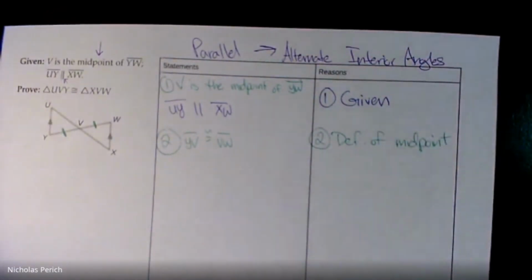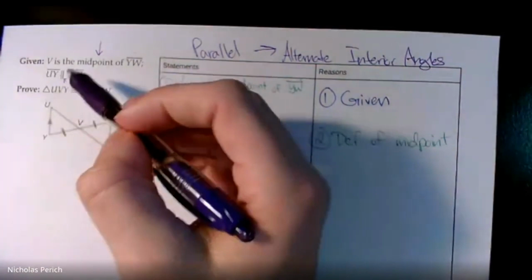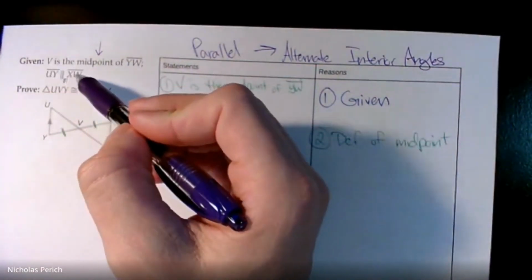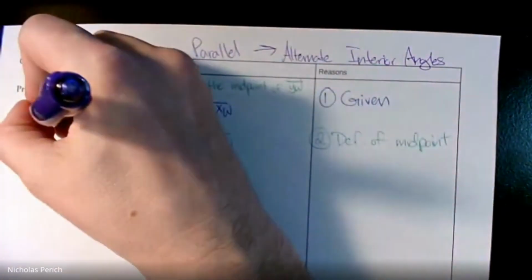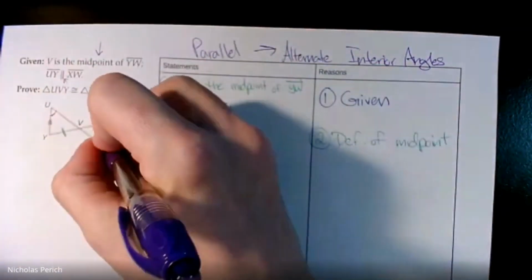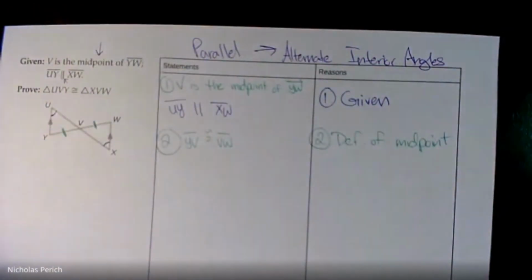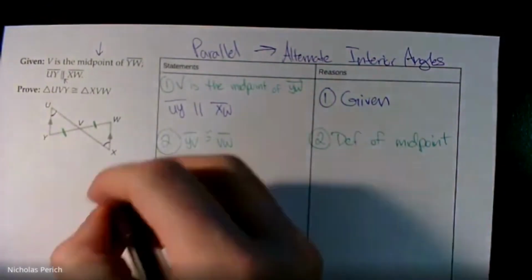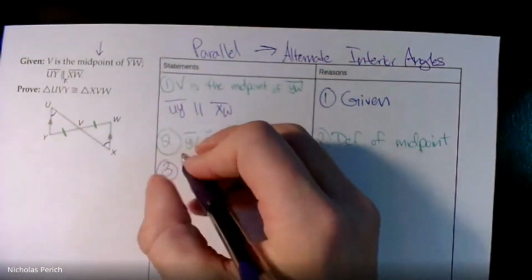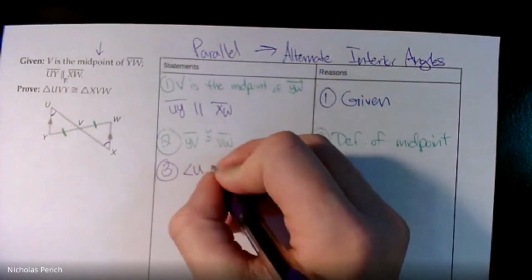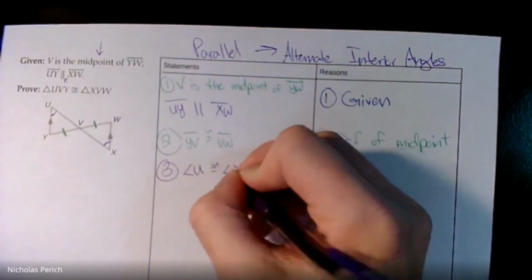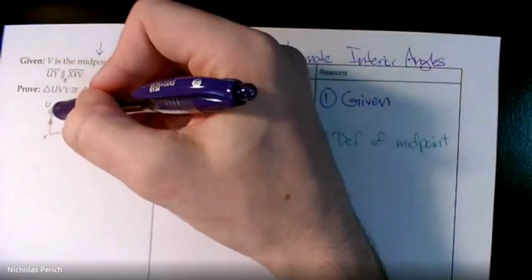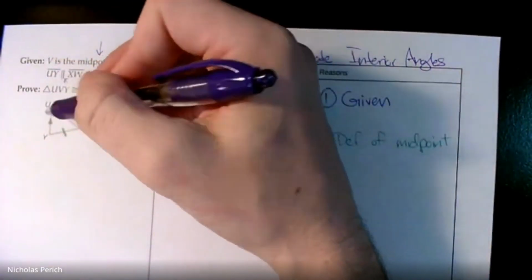So what I can say is since UY is parallel to XW, I could just pick these two angles and say these two angles are congruent. So angle U is congruent to angle X. Now why these? Because these are the alternate ones.